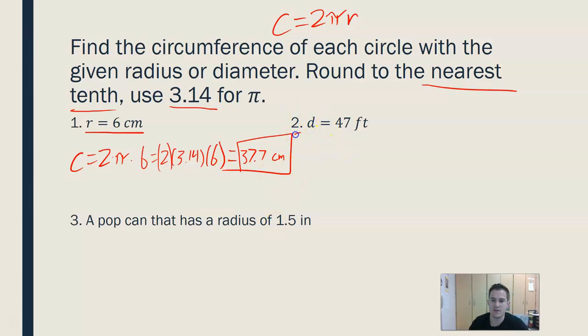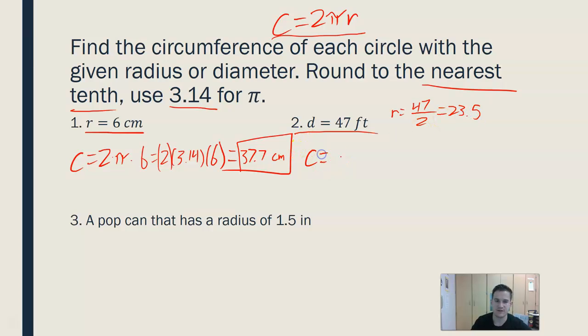On this one it says the diameter is 47 feet. My formula calls for the radius, not the diameter. But I know that the radius is half of the diameter. So the radius is 47 divided by 2, which is 23.5.